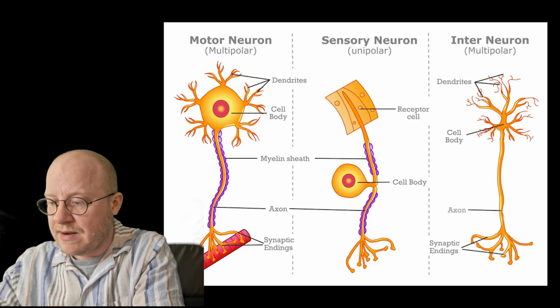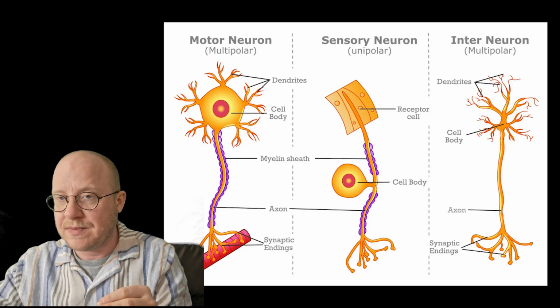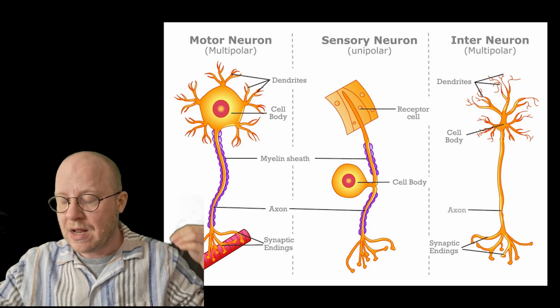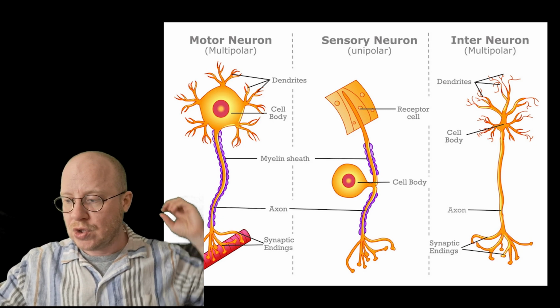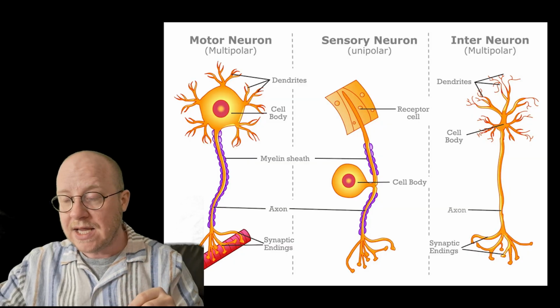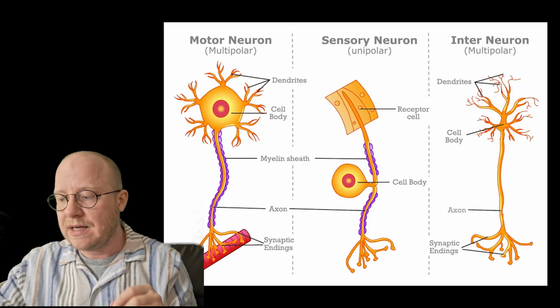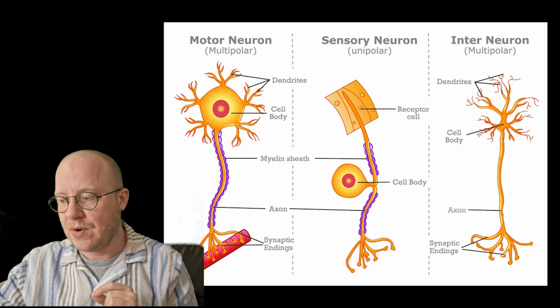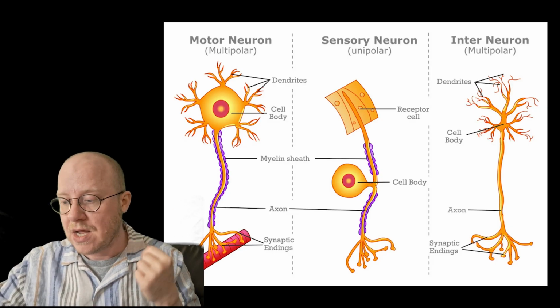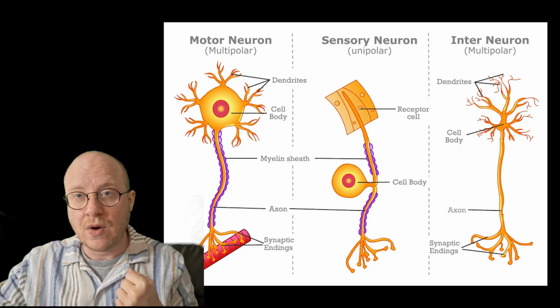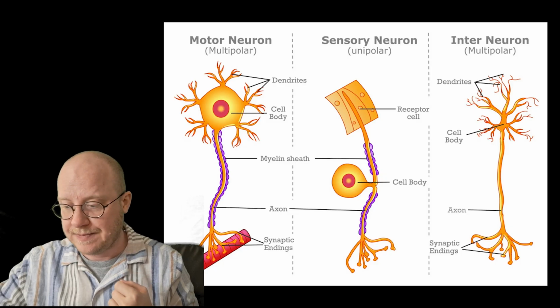Sensory neurons carry action potentials from receptors to the CNS. Motor neurons carry action potentials from the CNS to a muscle. Interneurons are located between sensory and motor neurons and are only found within the CNS. So interneurons are only in the spinal cord and the brain.